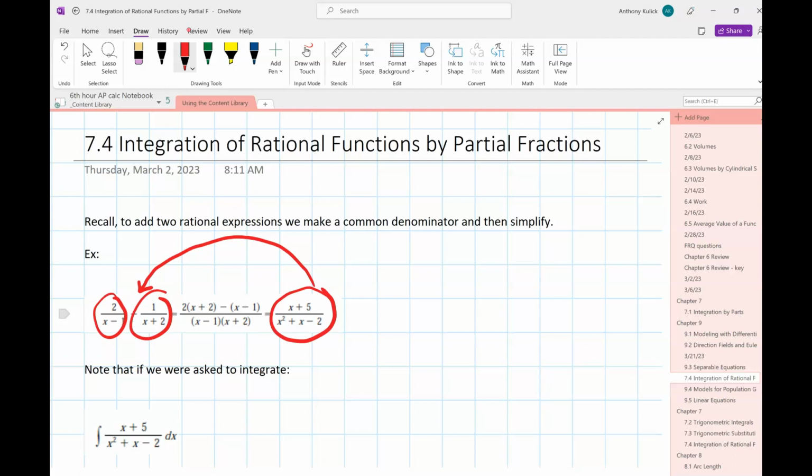The question is, if I can find a way to go backwards and break that up into those simpler rational functions, I would then be able to integrate this more complicated thing quite easily. That method of taking a rational function and breaking it up into the sum or difference of simpler rational functions is called partial fraction decomposition.